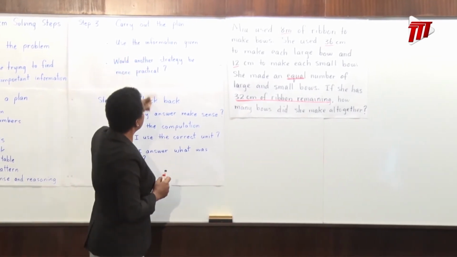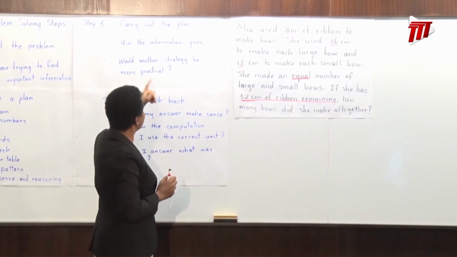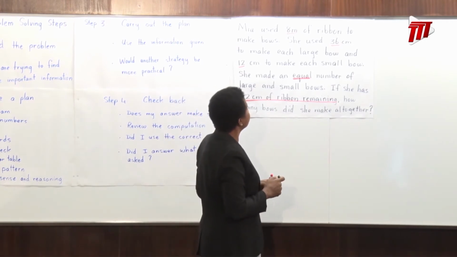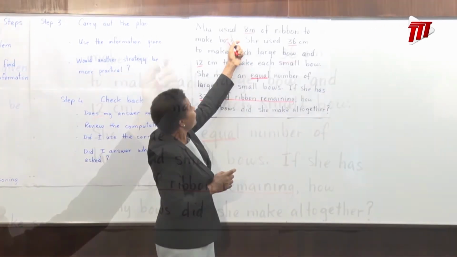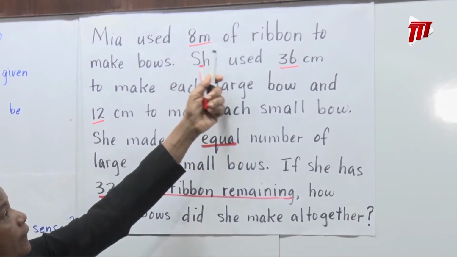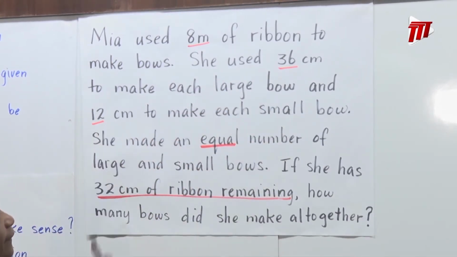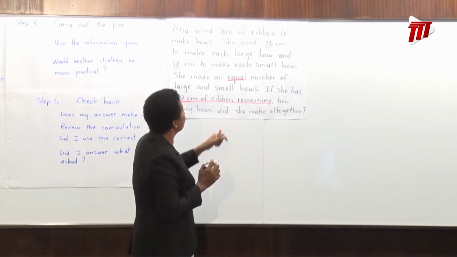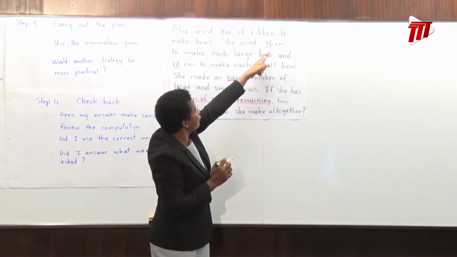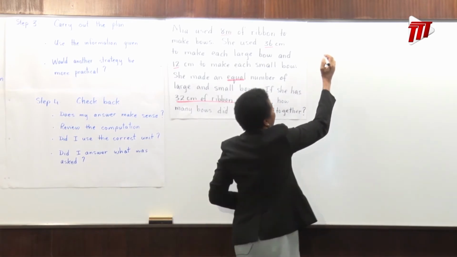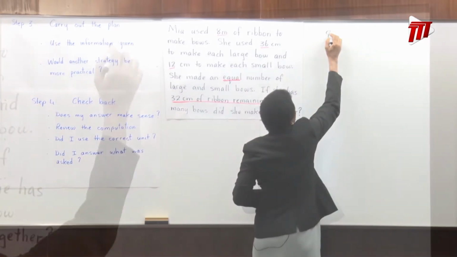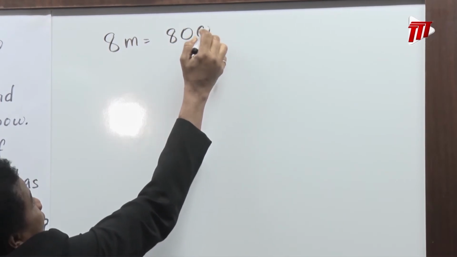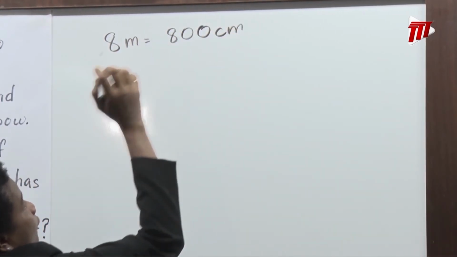So let's carry out the plan. Let's use the information that is there. First step, you realize that we started off with 8 meters, but all our other units are in centimeters. So the first thing I would like to do is to change my 8 meters to centimeters. So Mia started off with 8 meters, which is 800 centimeters of ribbon.